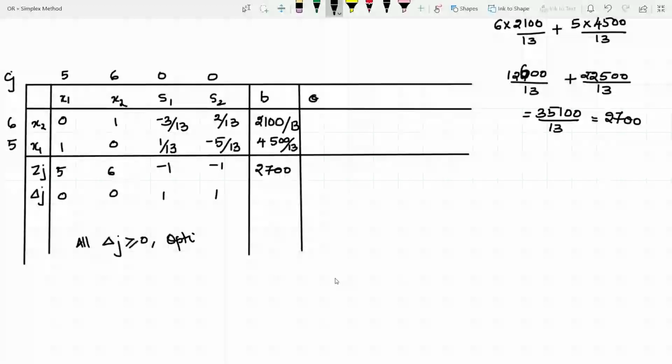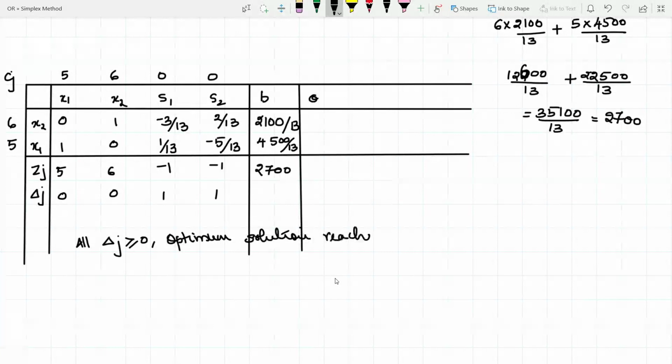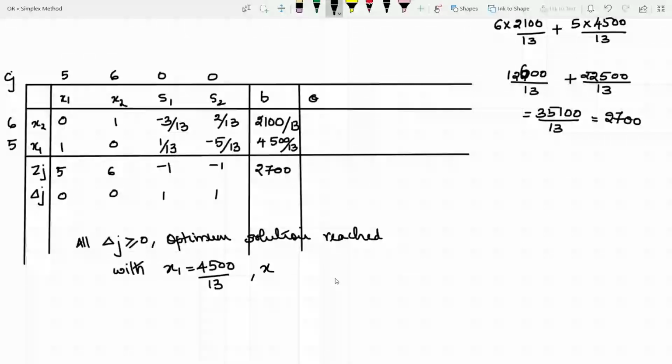So the optimum solution is reached, with x1 equal to 4500 divided by 13, x2 equal to 2100 divided by 13, and z equal to 2700. So you got the result.